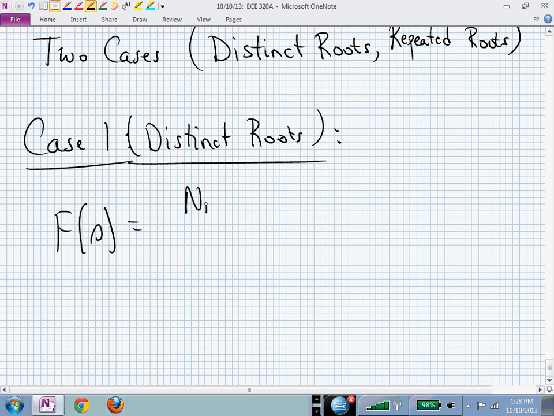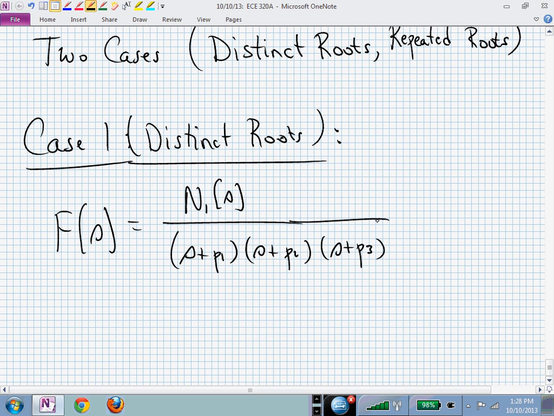Suppose that, just for illustration, I have some numerator polynomial, I'll call it numerator sub 1, and I now have s plus p1, s plus p sub 2, and s plus p sub 3. And I hope by my notation it's clear that p1, p2, and p3 are not the same. They're distinct.